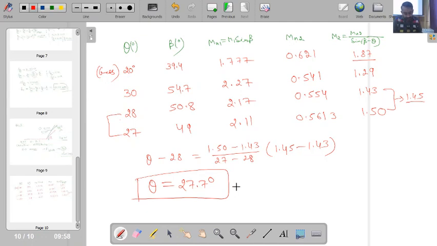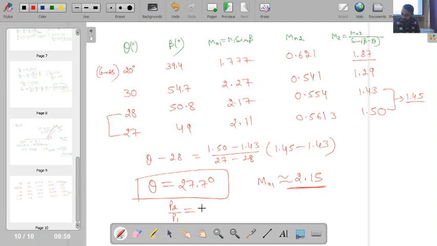Okay, and corresponding to 27.7 degrees, Mn1 I have not exactly calculated, I have just taken a near guess. So near guess is about 2.15. It is close to 28. If this is my Mn1, then I can now easily calculate the value of P2 by P1, because P2 by P1 for an oblique shock wave requires the value of Mn1.